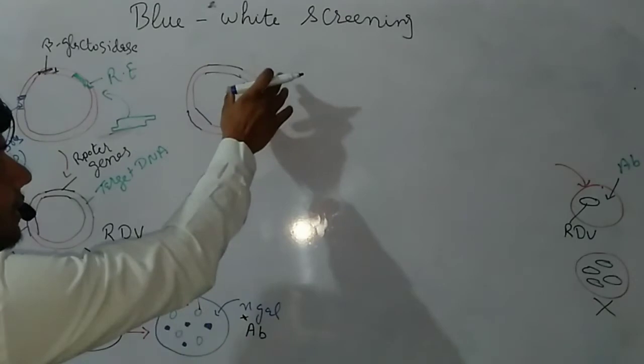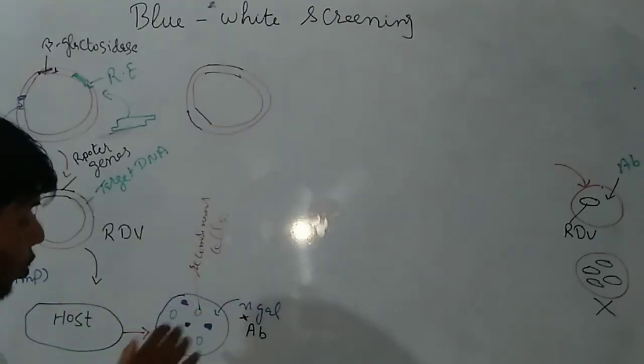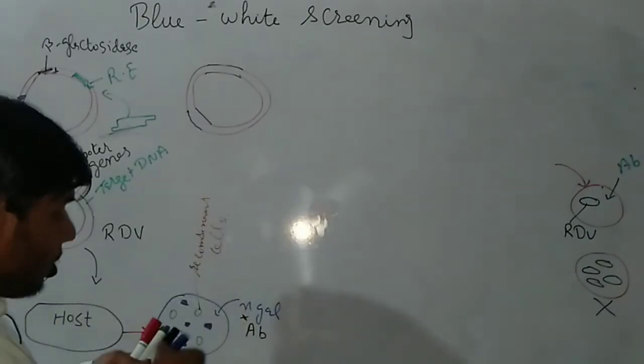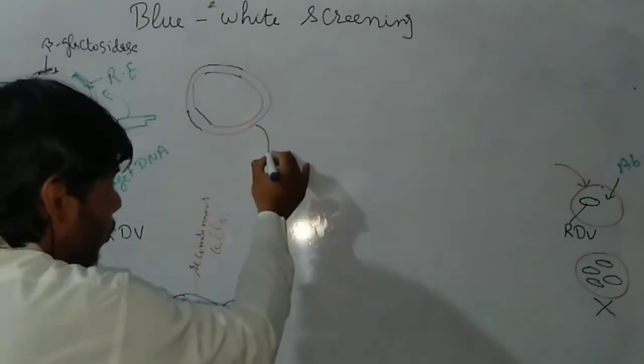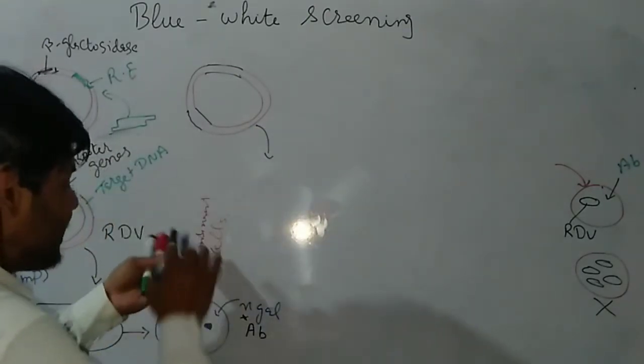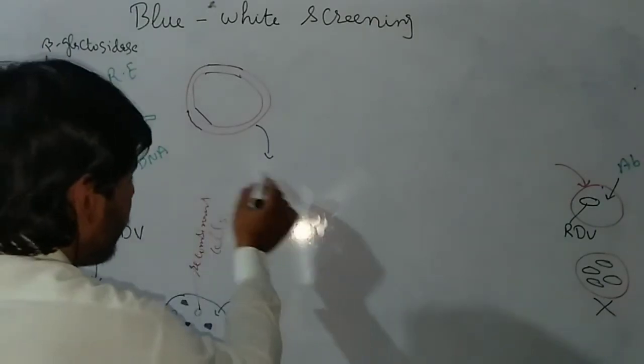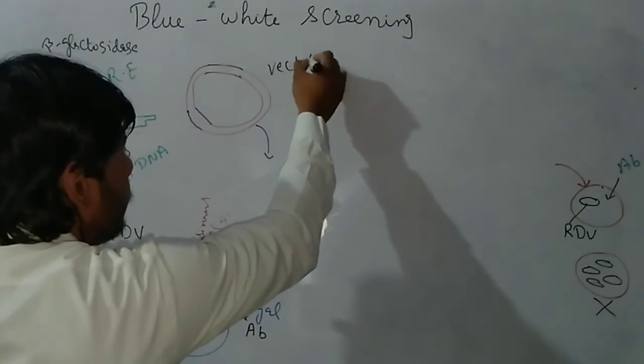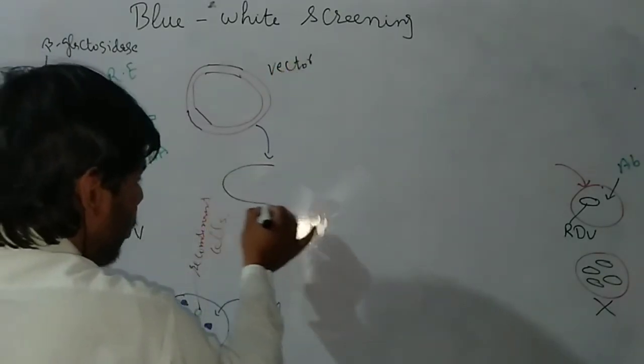Okay, but there is no target DNA bound here. Then remember, when we insert this, this is not a recombinant DNA vector, this is just a vector.